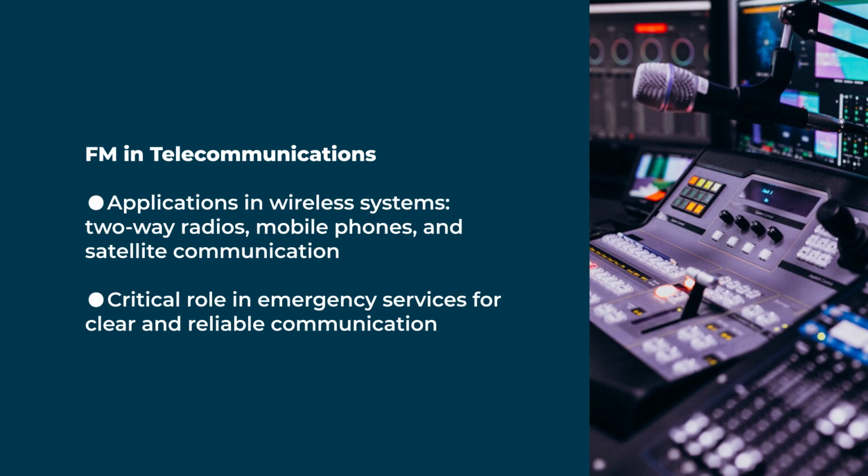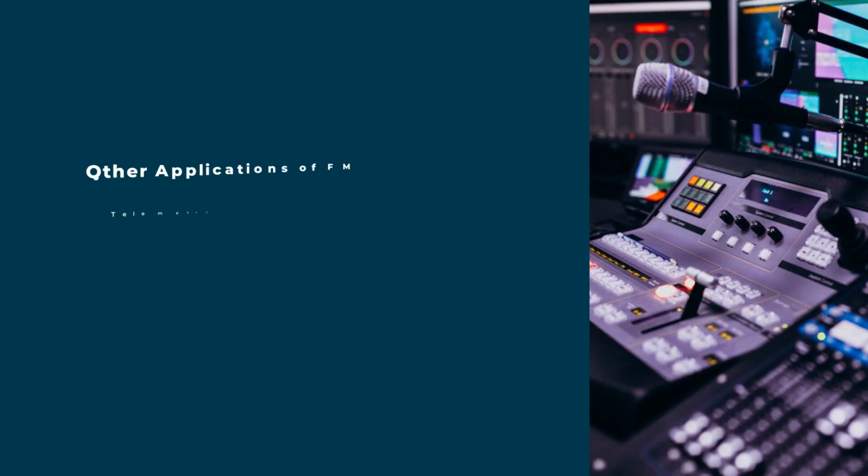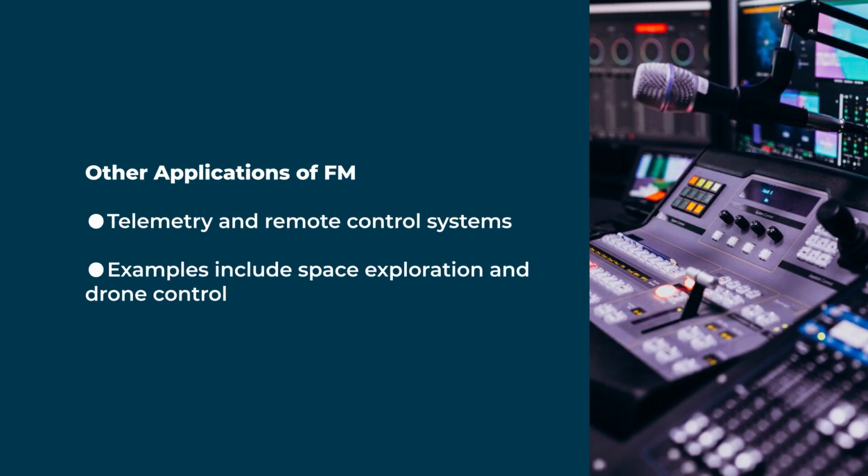FM's robustness against noise and signal degradation ensures that vital information can be transmitted and received accurately, which is crucial for emergency situations. Moreover, FM is used in other applications such as telemetry and remote control systems.